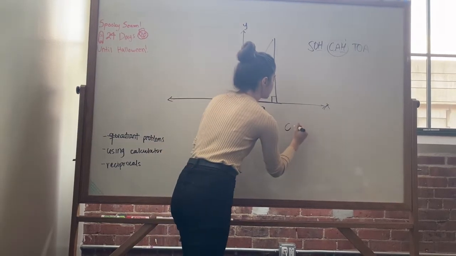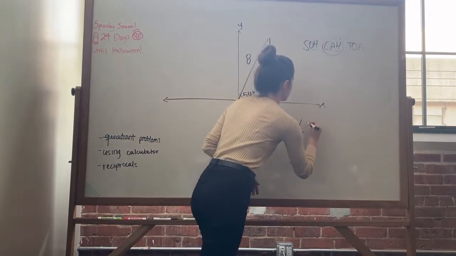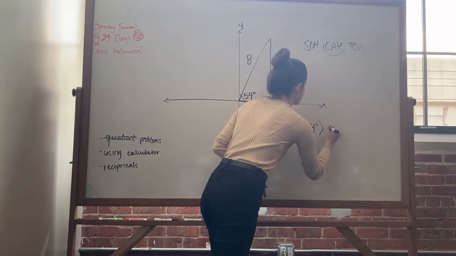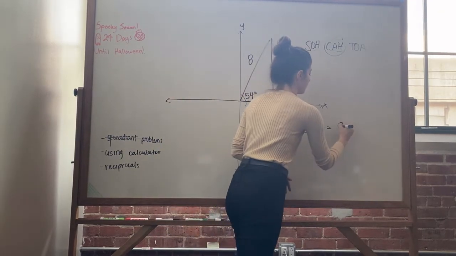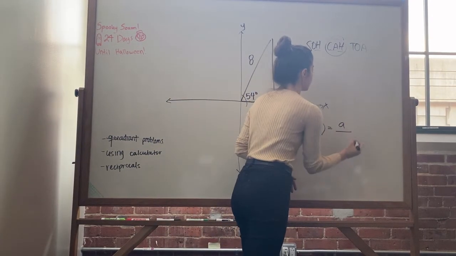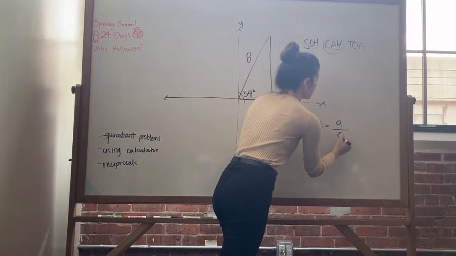We'll do cosine of our 54 degrees that we're given is equal to our adjacent, which we're calling A, over our hypotenuse.